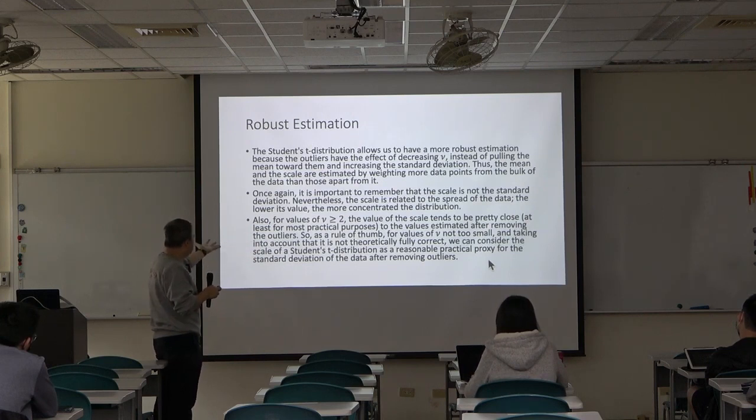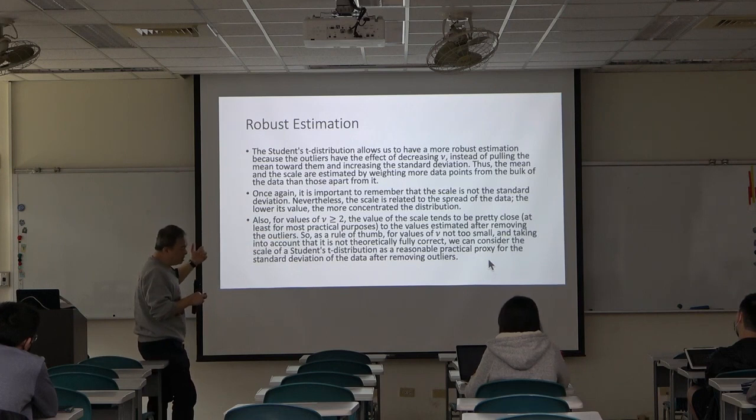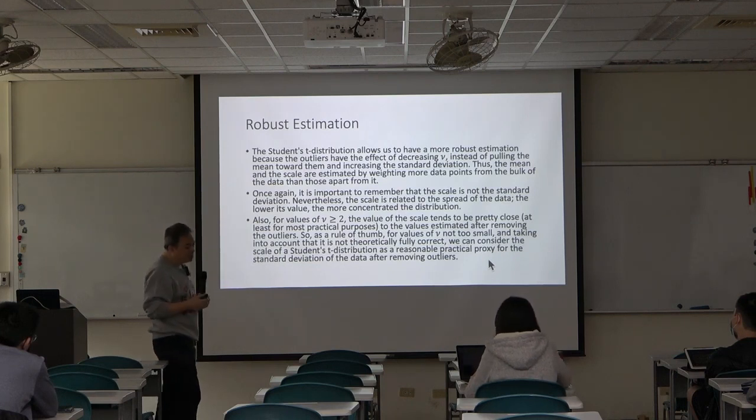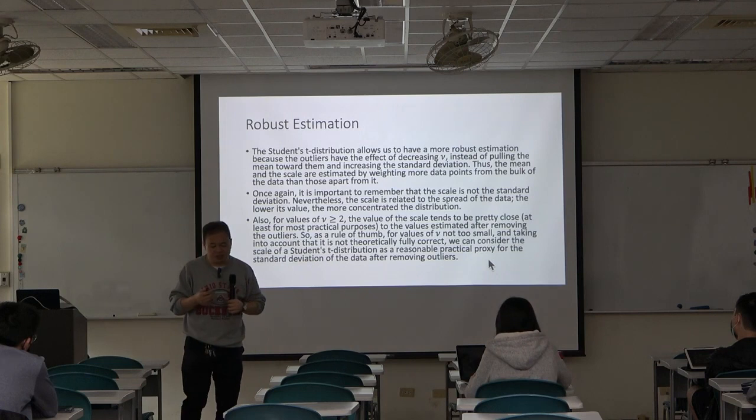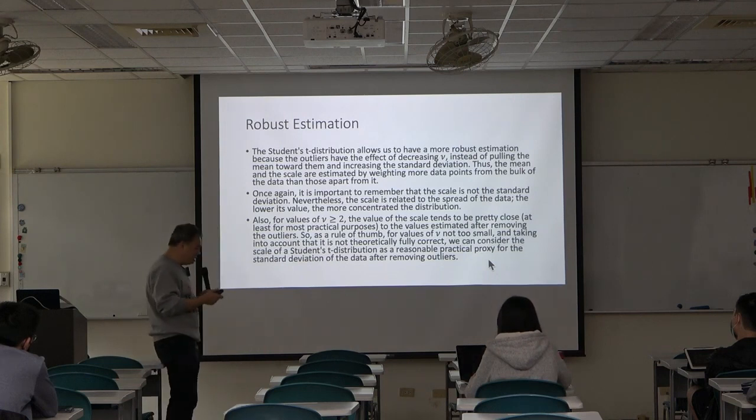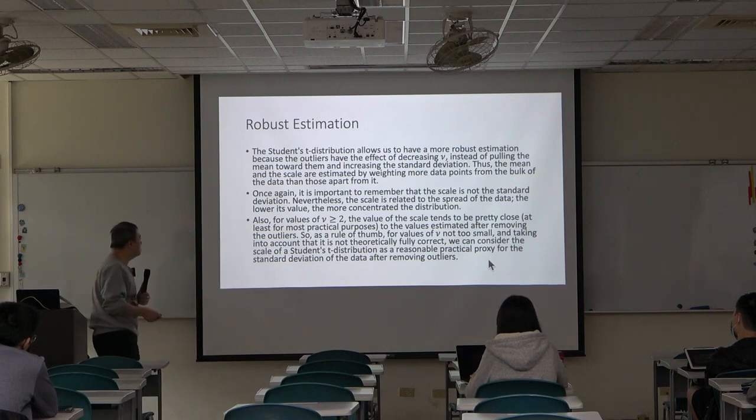So you can see that, based on this result, for the student t distribution, the scale is very, very similar to standard deviation in terms of its impact on the distribution.